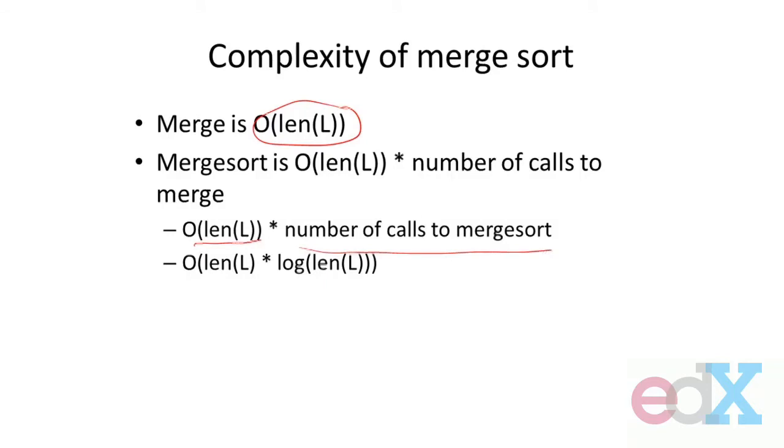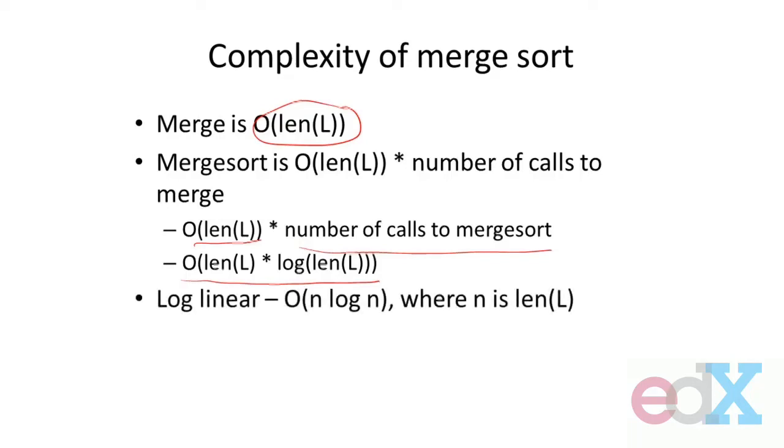And what's that? Well, we just saw that that was logarithmic because we're breaking it down in half at each stage. So this is just a combination of the length of the list times the log of the length of the list. And that says that this is log linear, which is actually fantastic. It's order n log n, where n is the length of the list.